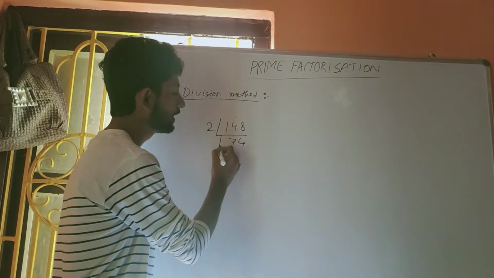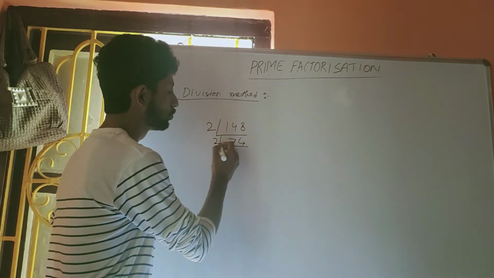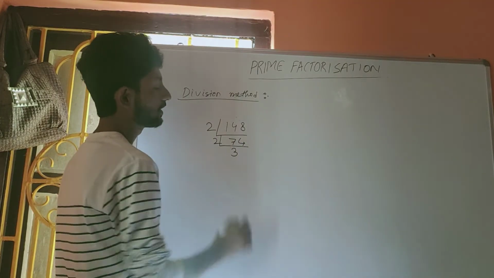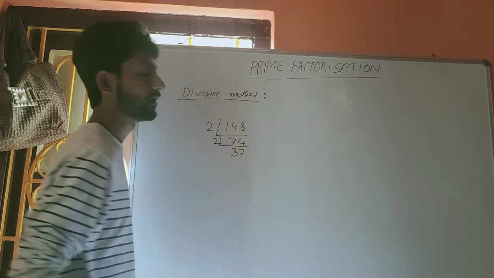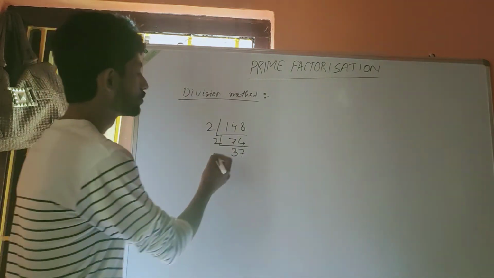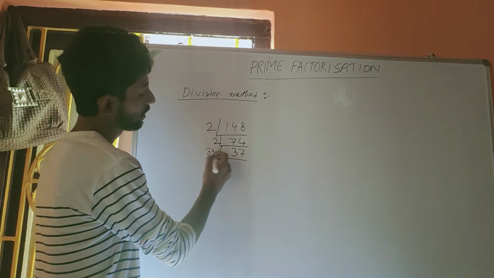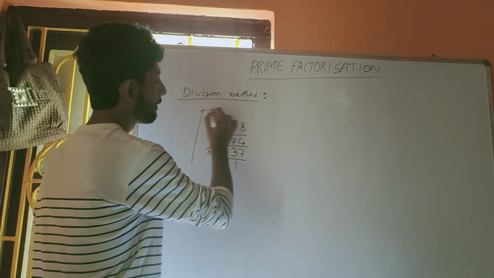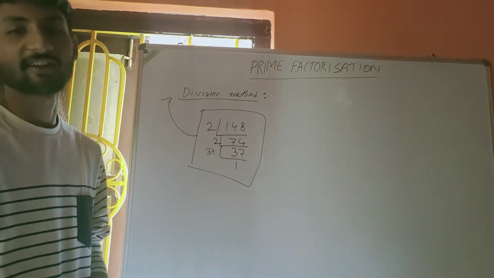Now 74, the last digit is 4. Again it is divisible by 2. After division you will get 37. Now 37 is a prime number. So 37 will be here, and 1. This is the division method for prime factorization.